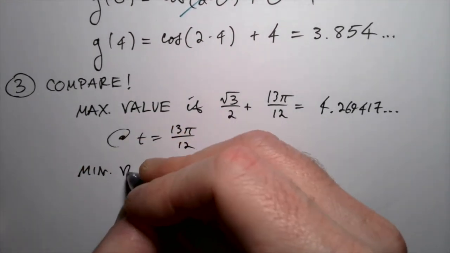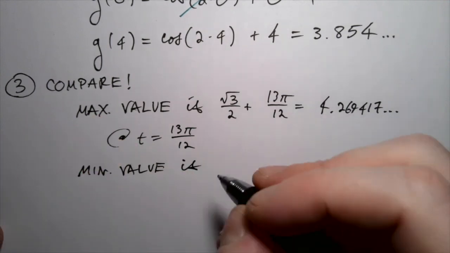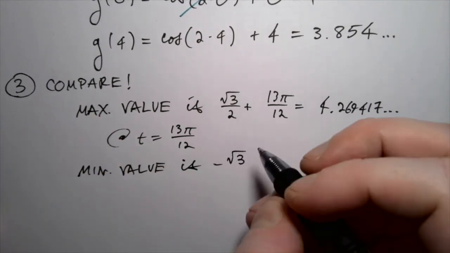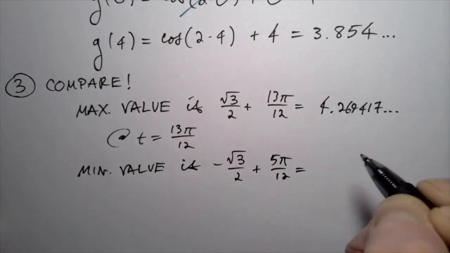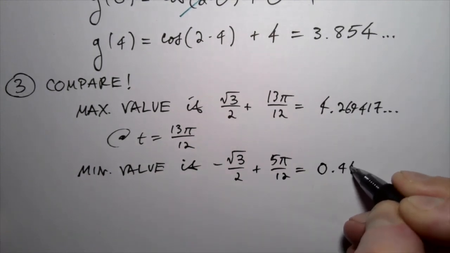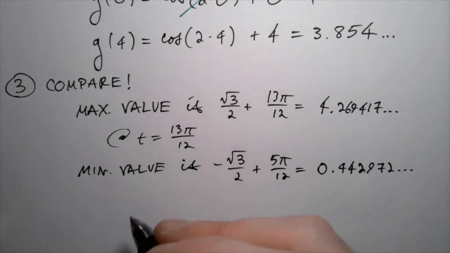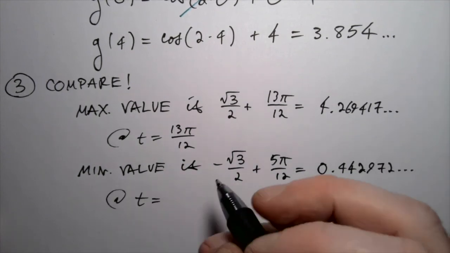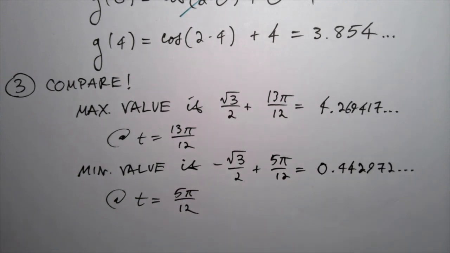And the minimum value on this entire interval was minus root 3 over 2 plus 5 pi over 12. That was the one that was 0.442972 and so on. And that occurred at t equals 5 pi over 12. So that's a complete answer. That's the largest and smallest value that this function obtains on the interval from 0 to 4.